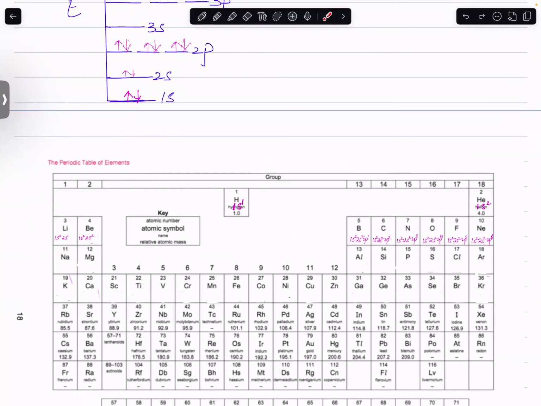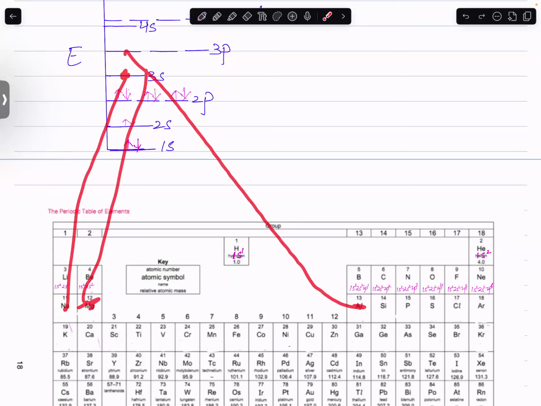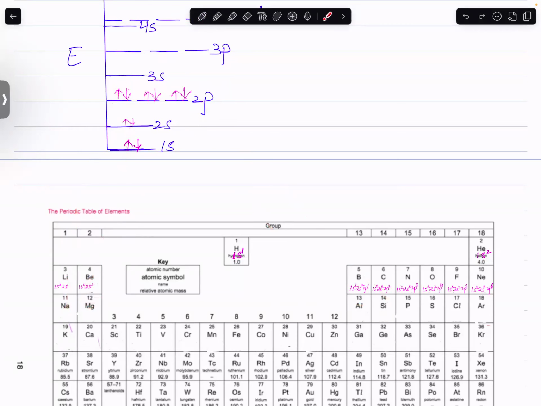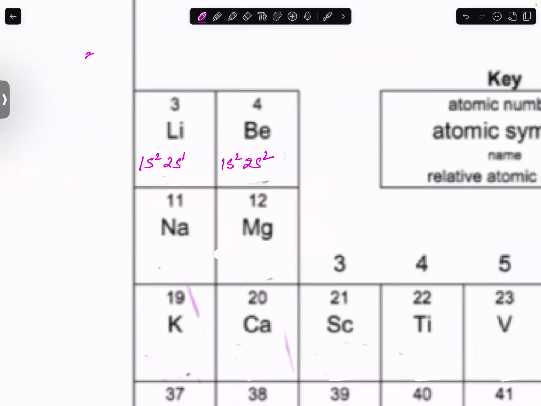Now, after this, it's sodium 11. 1s2, 2s2, 2p6, that is 2, 2, 10, and 3s1. So how are you supposed to write it? It's 3s1, and magnesium is 3s2, and then 3p1, then 3p2. So if I write here: 1s2, 2s2, 2p6, 3s1; 1s2, 2s2, 2p6, 3s2.